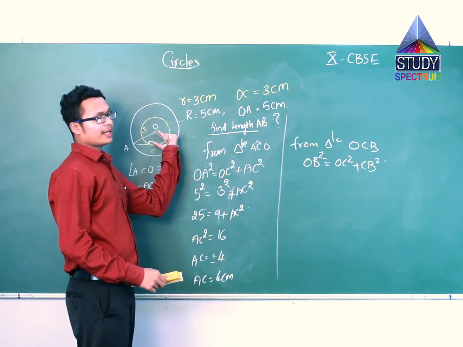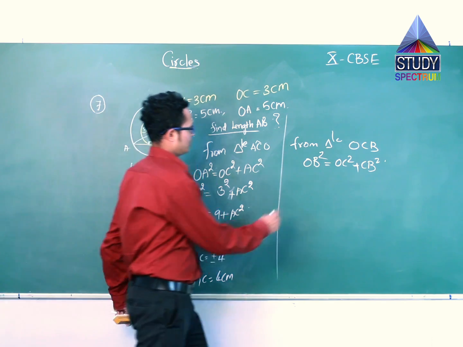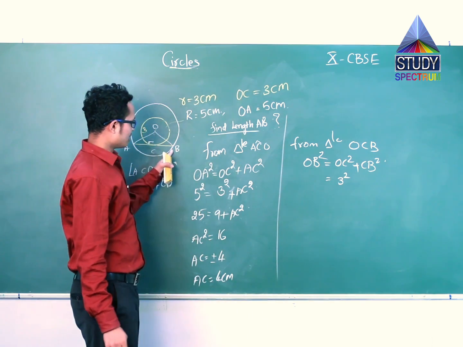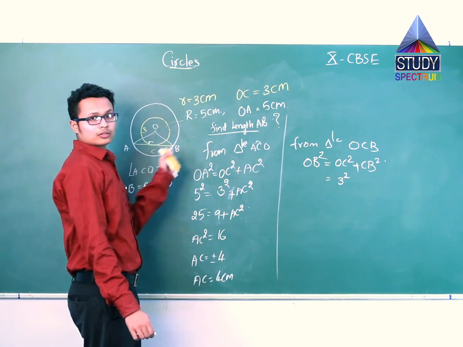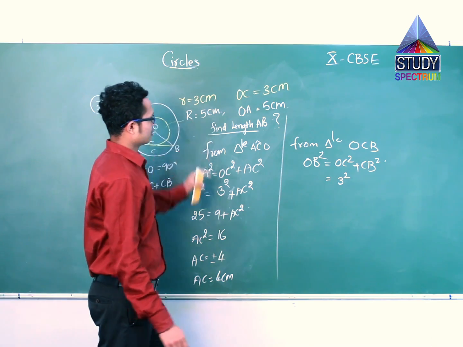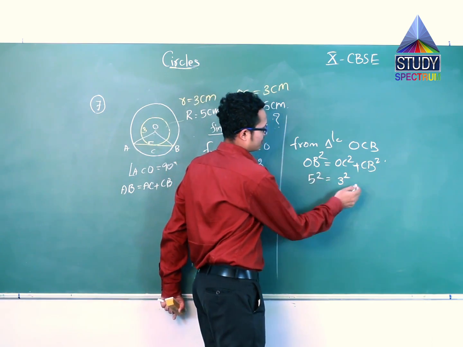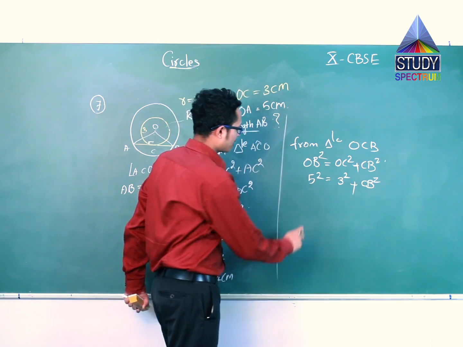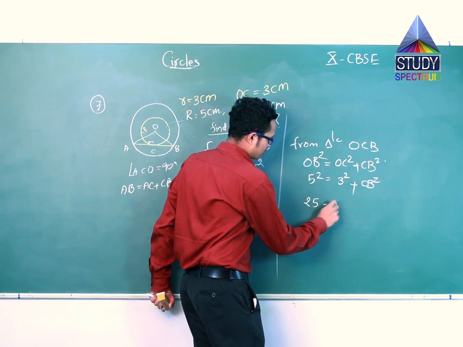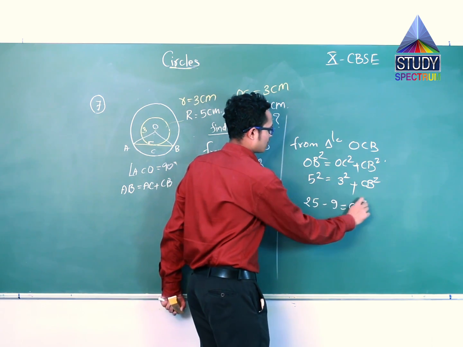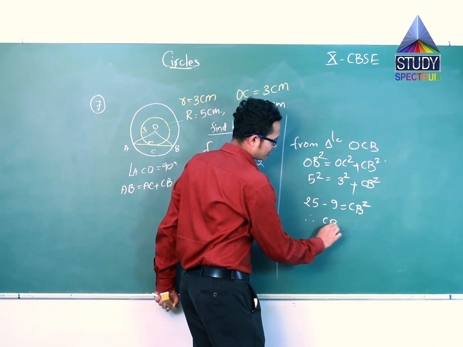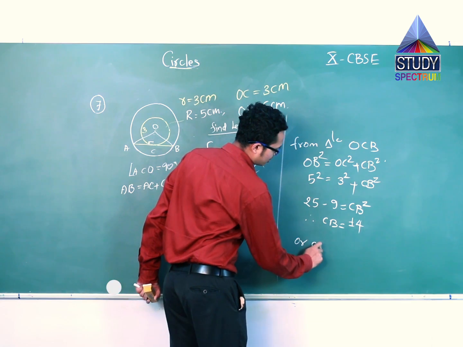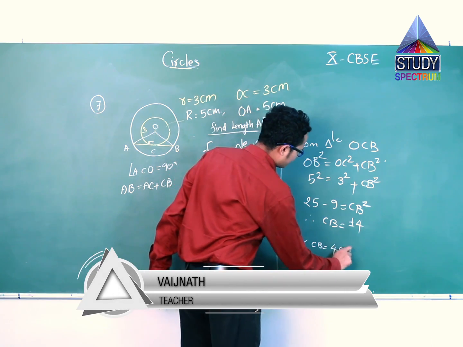OC is the radius of the smaller circle, 3 centimeters, so 3 square. OB is the radius of the bigger circle, drawn in white chalk, 5 centimeters, so 5 square, plus CB square. 5 square is 25, and 25 minus 9 is CB square. Therefore CB is plus or minus 4, or just 4 centimeters.